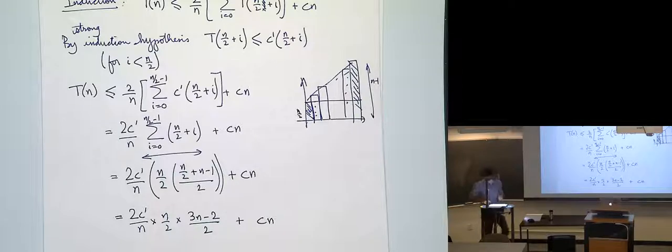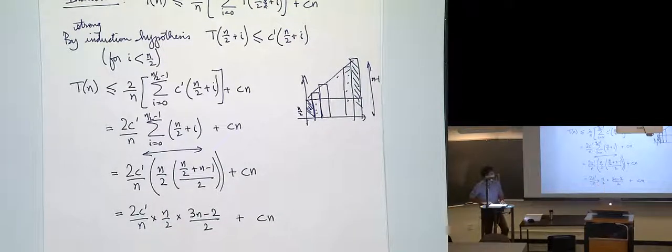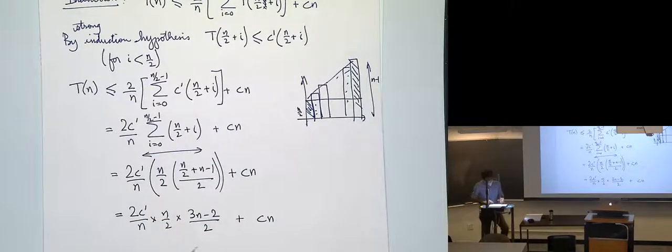Because this is not going... okay, so it should be 3n over 4, sorry. There it is, yeah, that's what I thought. There's the 3n/4. Oh, okay, now it works. Yeah, this is minus 2. Minus 2. Yeah, okay, good. So 3n/4, sorry. Yeah, okay, so good. So now there's the 3n/4.